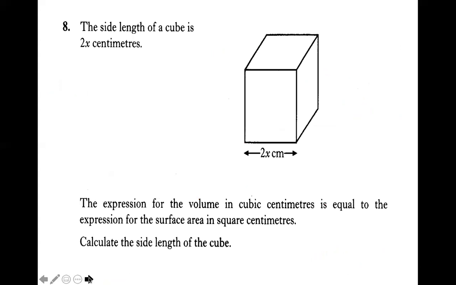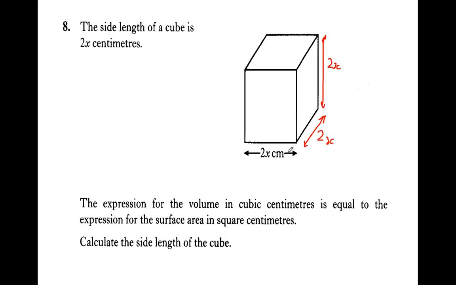Okay, so the next question: the side length of a cube is 2x in centimeters. The expression for the volume in cubic centimeters is equal to the expression for the surface area in square centimeters. Calculate the side length of the cube. Let's pause this and try to read. First thing first, the volume in cubic centimeters is equal to the expression for the surface area in square centimeters.